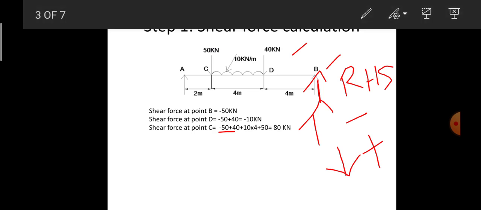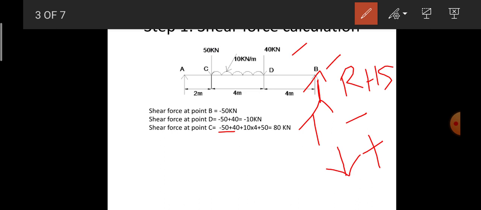Next is point C. At point C the force acting is the combination of the 50 kilonewton point load and the 10 kilonewton per meter UDL. Before point C, we also have to consider two points, the force acting at point D and the force acting at point B. Starting from point B, exactly on point B we have the reaction RB, so it is taken as minus 50, since it is going in upward direction.